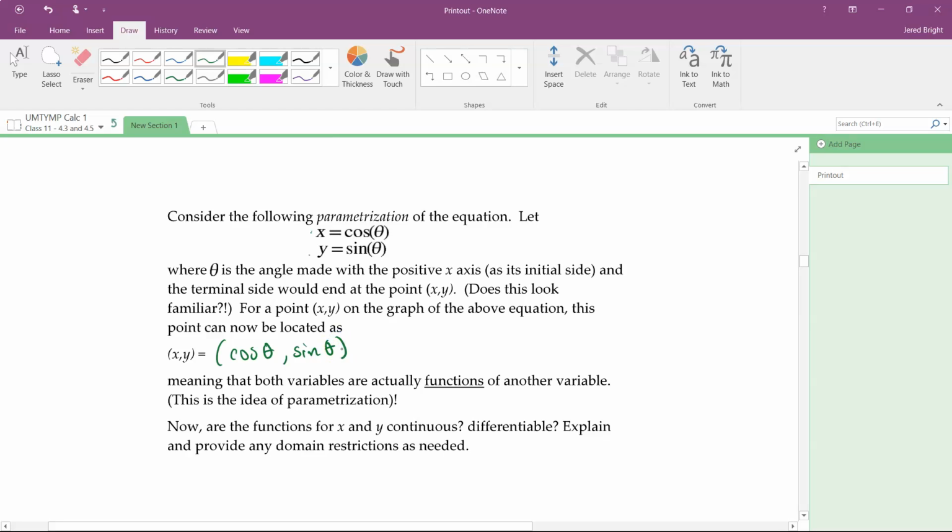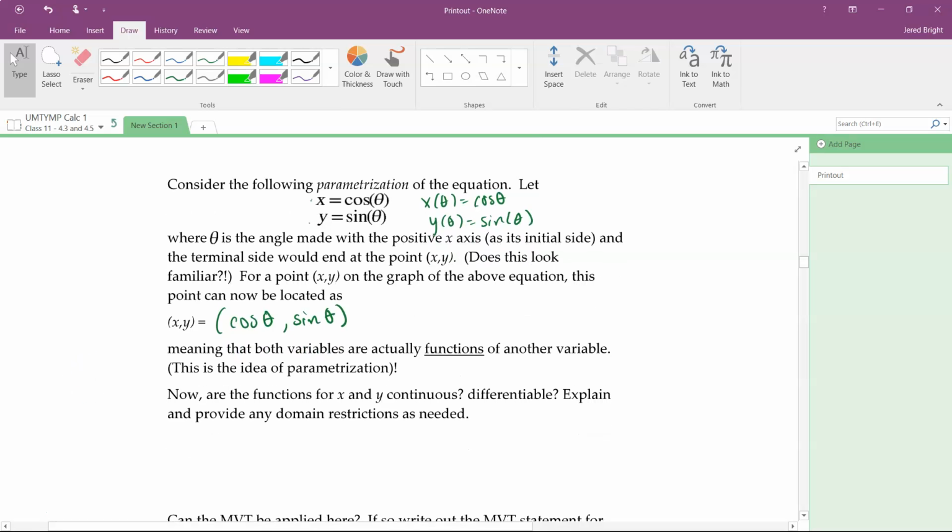That's kind of fun. But when we do this, we're actually saying that x and y are both functions of theta, so really it should be x of theta is equal to cosine of theta, and y of theta is equal to sine of theta. That's just a little bit of notation. Now we're thinking, when we represent x and y like this, are these continuous and are they differentiable?